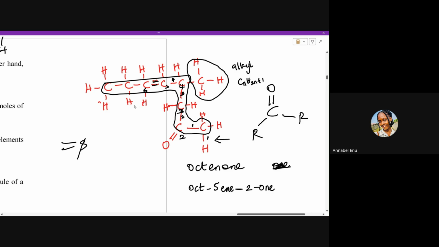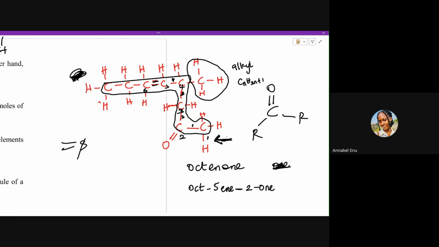Okay, so now looking at this structure very well, I said when you want to know the position where the double bond is, you will count the carbon to carbon bonds. Now we have been counting from this right side, not from the left side. Why are we not counting from here?